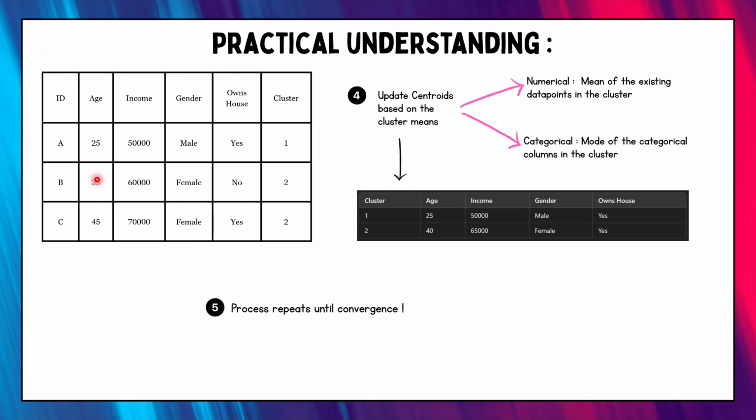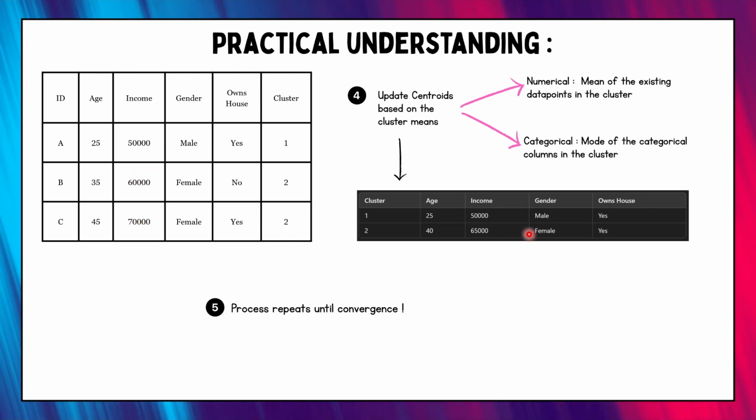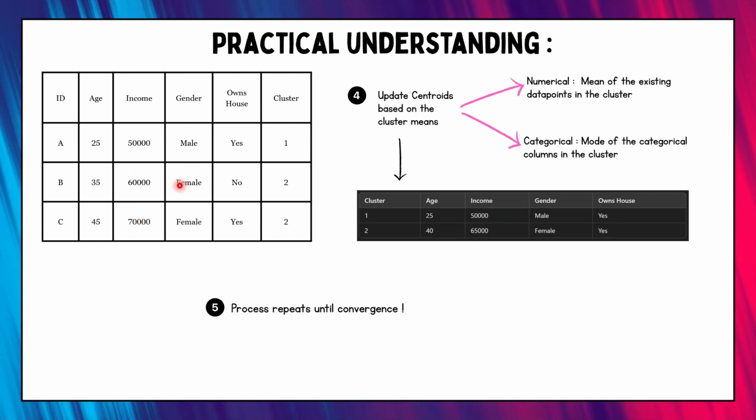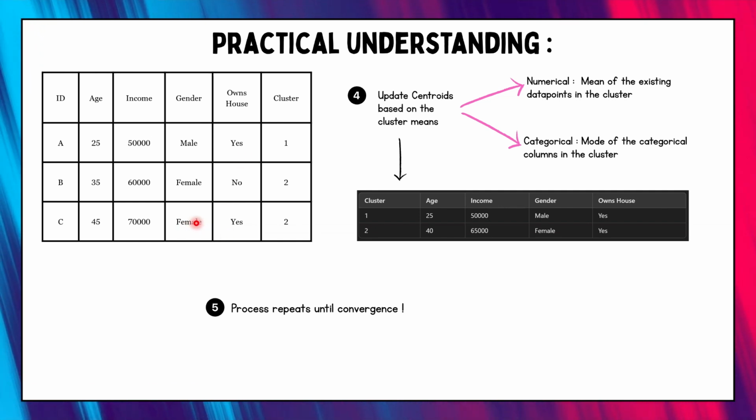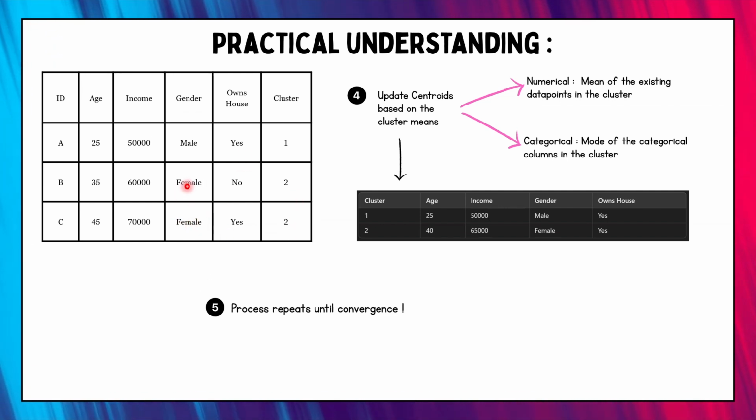Simply, I will know that the cluster centroid should have an age which is the mean of these 2 points that belong to cluster 2. So, the mean of 35 and 45, which is 40, as you can see here. And then the mean of income, which is 65,000, as you can see here. And now for gender and Owns house, which are the categorical columns, we take the mode. So as you can see, in cluster 2, female is occurring the max number of times, male is non-existent.